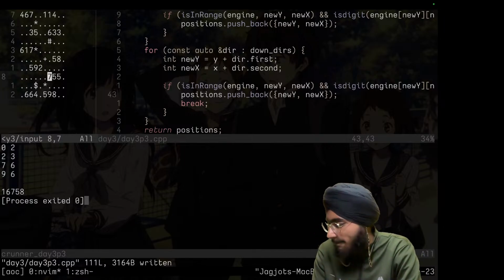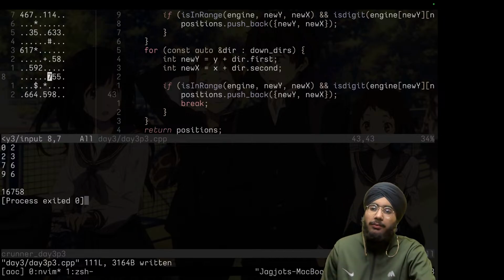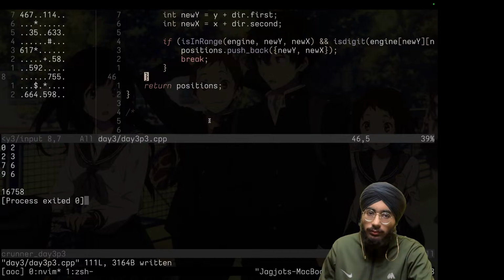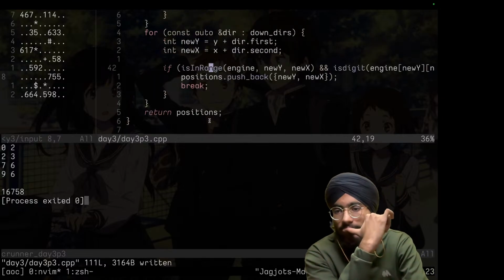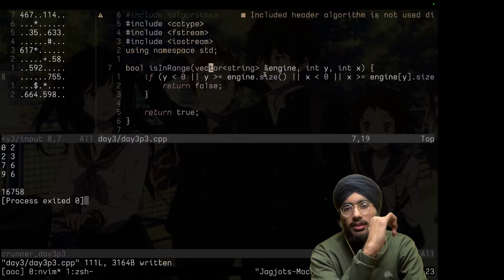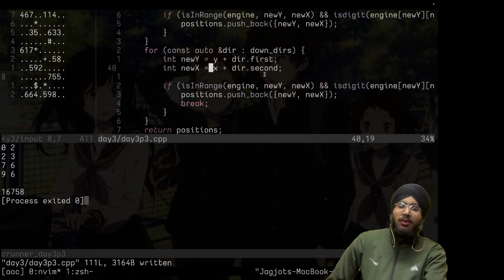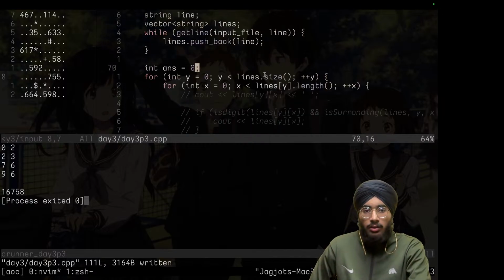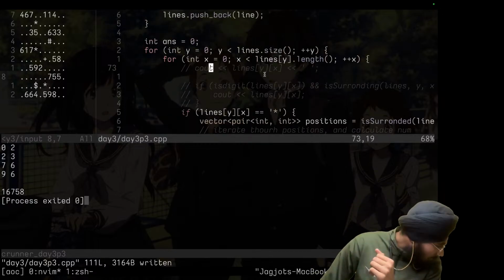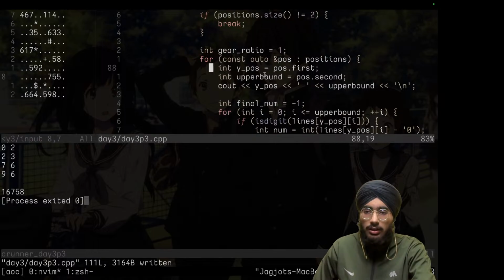Six. Actually, the is surrounded is working fine though. Everything is working as we expect it to work.